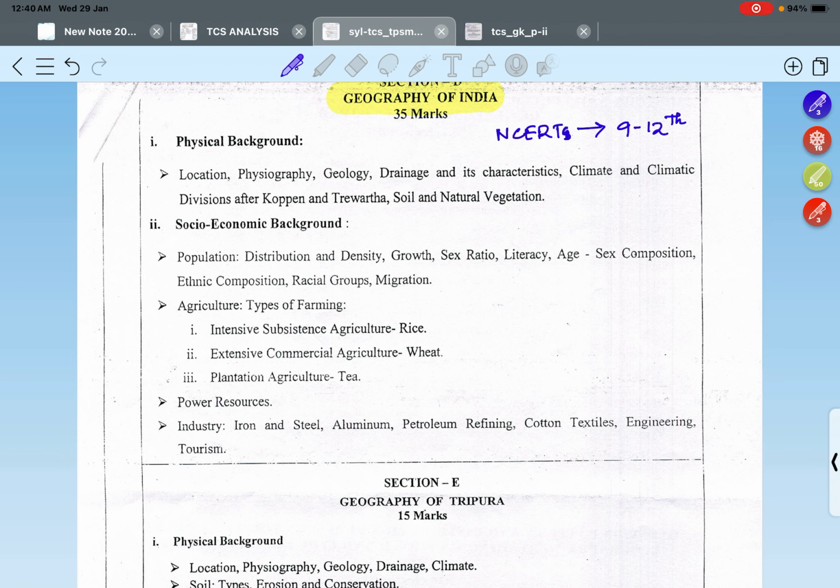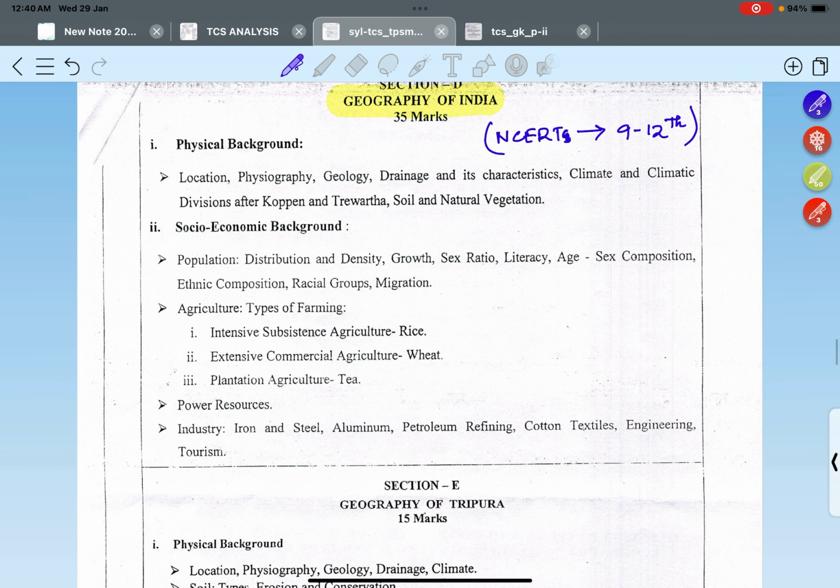If you read NCERTs from 9 to 12, your geography portion will be 100% done. You don't have to go anywhere else. NCERT books are very simple in language, and you will understand all the topics and concepts very easily.